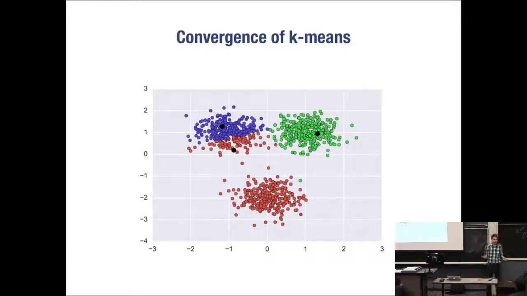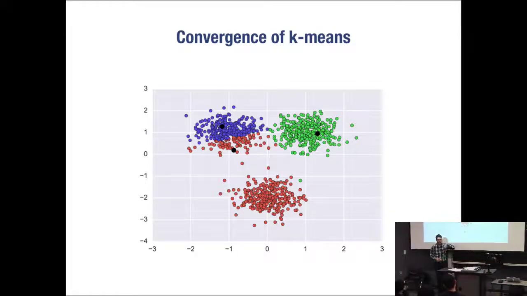I pick 3 different random points in the data, and that becomes my first 3 centers. What I'm showing by the color code of the points is which center they are closest to. So this green guy's closest to that one. Most of these red guys are closer to that one. The blue ones are up there.